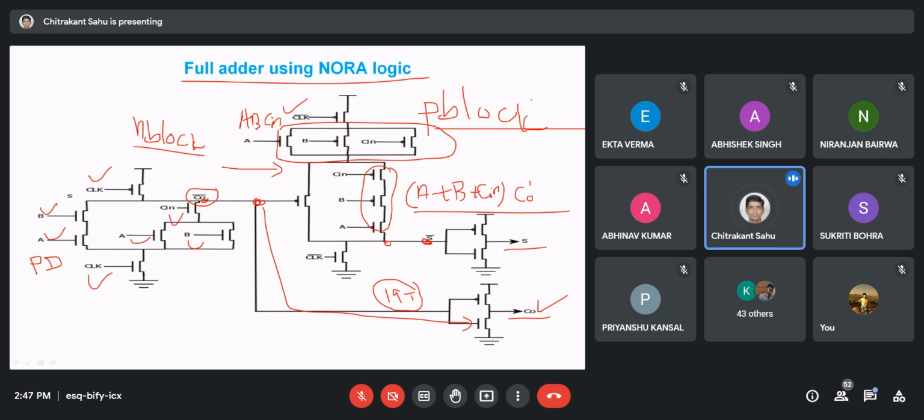In the next class we'll start with sequential logic circuits, and then memory. These 2 topics are remaining, and all these things come under combinational CMOS circuits. You can refer to the Neil Weste book, and there you can find the details of the circuits.